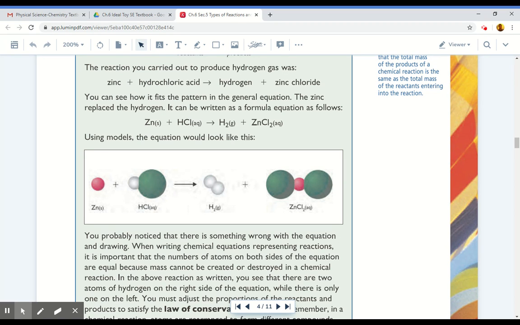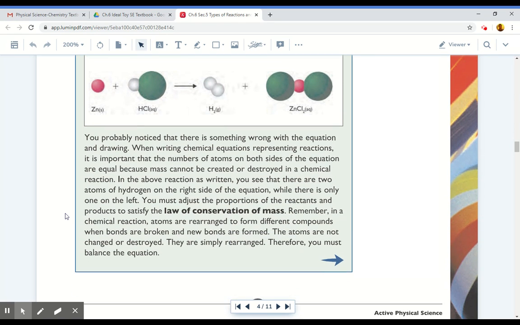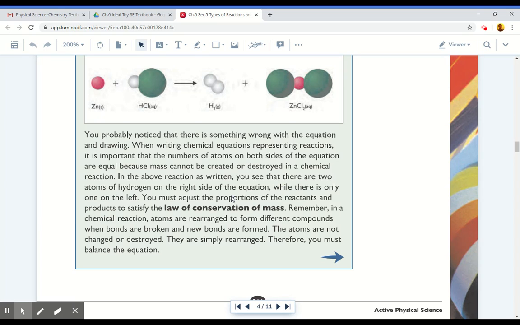When writing chemical equations representing reactions, it is important that the numbers of atoms on both sides of the equation are equal because mass cannot be created or destroyed in a chemical reaction. In the above reaction as written, you see that there are two atoms of hydrogen on the right side of the equation, while there is only one on the left.